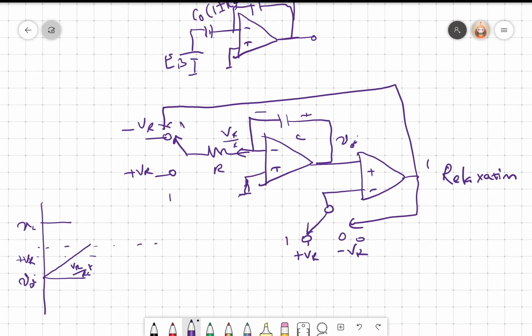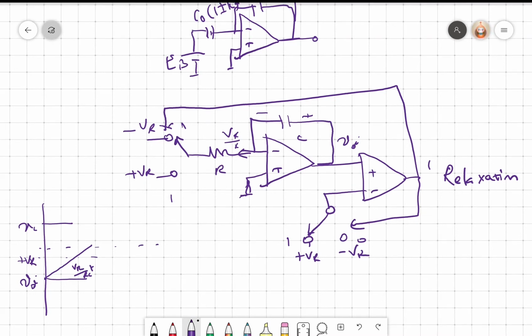Am I right? Oh, this has to be minus plus. I'm sorry. So the moment it reaches it, this will change, and then it will start going down.